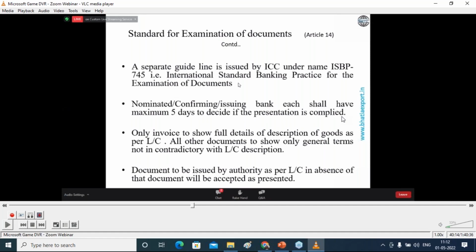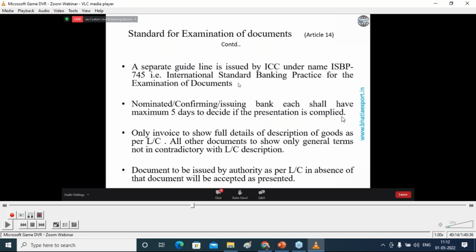Suppose you submit the documents to your bank, the bank has to decide within 5 days and intimate to you whether the documents are okay or not. If anything is not okay as per the LC terms, for example, they have to mention it within 5 days. Days here means 5 working days. Again, in which country? The operating country.